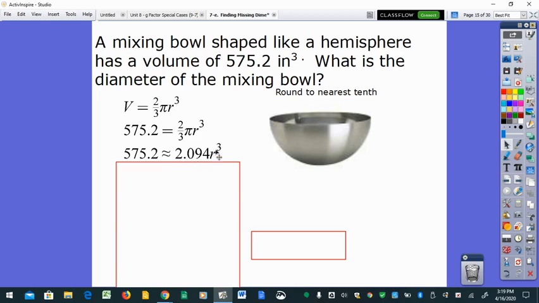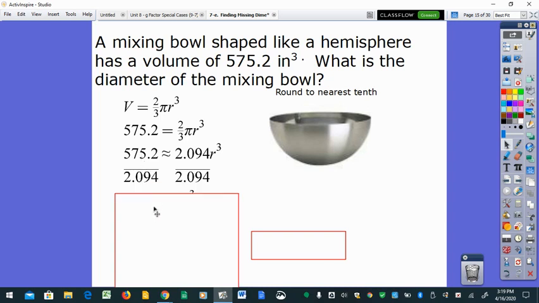Now to get the radius cubed by itself, the opposite of multiplying by 2.094 would be to divide both sides by the 2.094. It's kind of like we're solving a one-step equation with an added step at the end. So I'm going to take the 575.2, divide it by 2.094, and in my calculator I'm going to see 274.69.